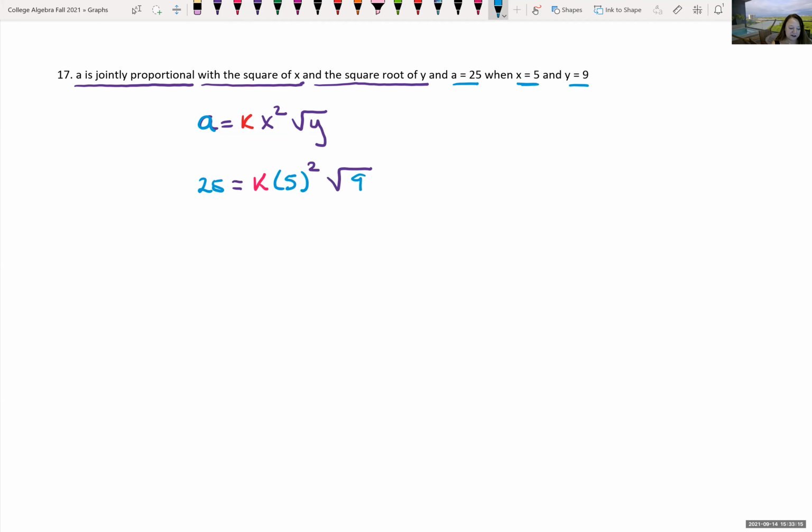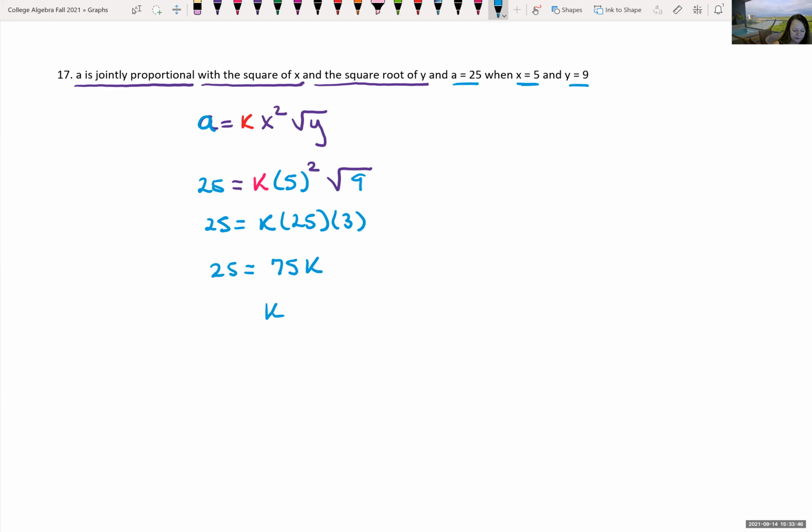So let's first simplify the right-hand side. We get 25 is equal to K times, well, 5 squared is 25, times the square root of 9, but the square root of 9 is 3. So 25 is equal to 3 times 25, which is 75, times K. Let's divide both sides by 75.